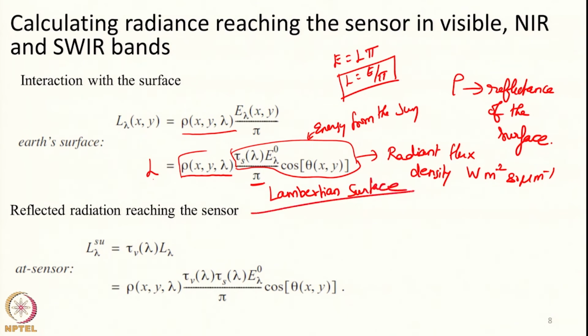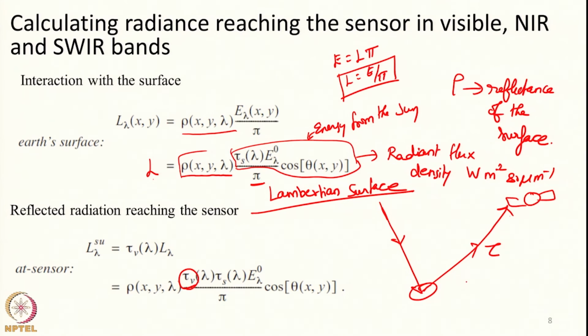Okay. So, now this energy has interacted with the object of interest, and it has to go back through the atmosphere to reach the sensor. So, once again there comes another transmissivity term tau, to account for the transmissivity of the atmosphere in this outgoing direction, because whenever sun radiation comes in, a part of it will be absorbed here. Similarly, whenever it goes out toward the sensor, a part of it will be absorbed there also.